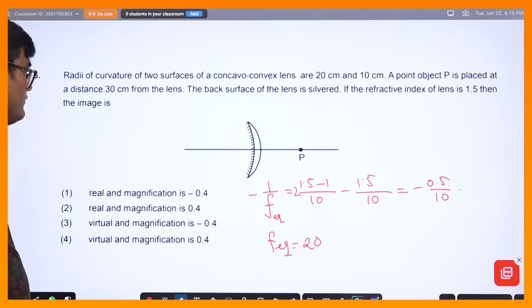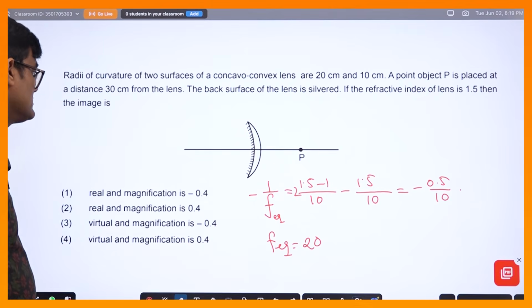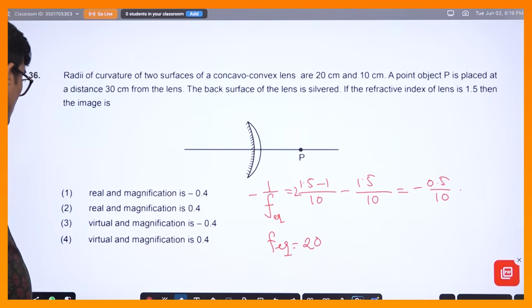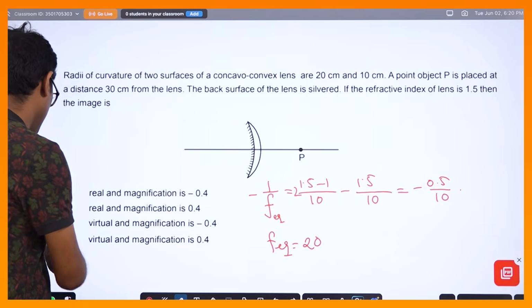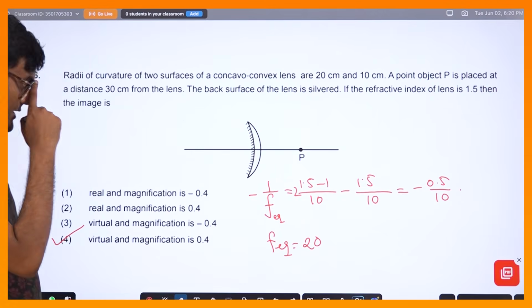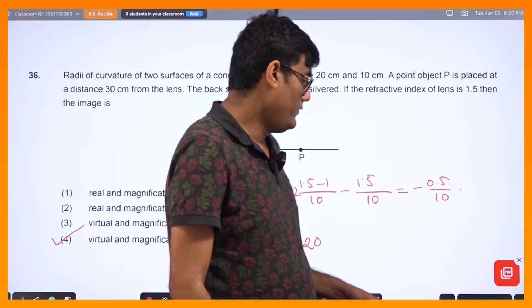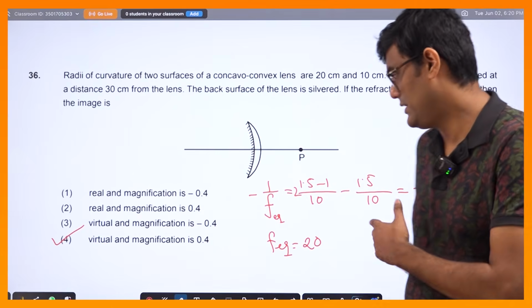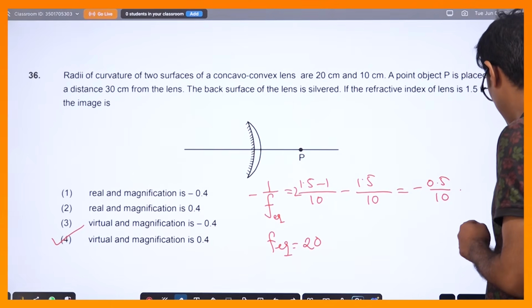If it is a convex mirror, then I think the image is always virtual, right? And the image magnification is always positive, right? So virtual and magnification positive is the correct answer for this question. We do not have to calculate the values, but I'm sure that if you calculate, you will get the same answer.